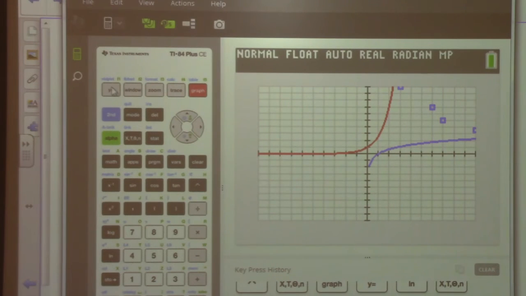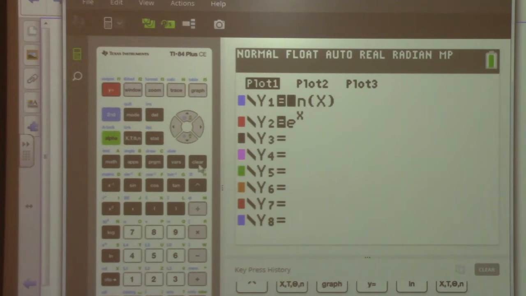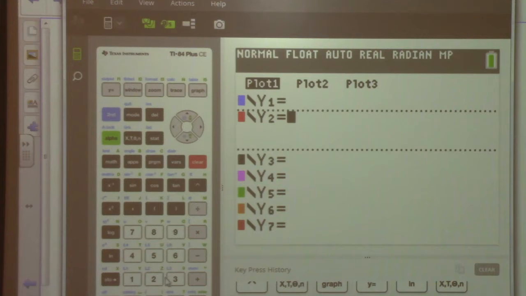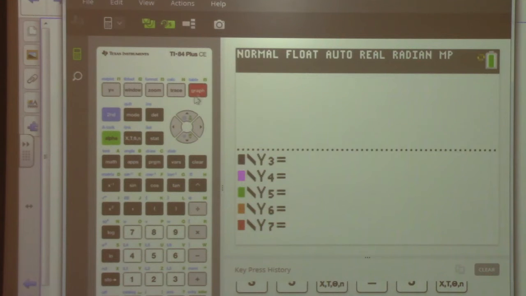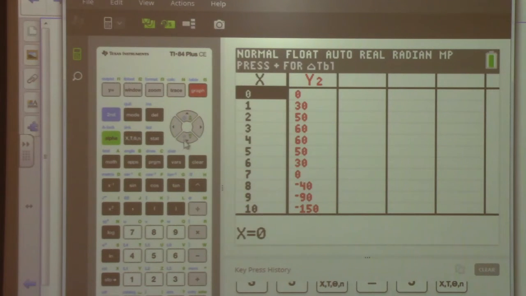So we're going to put 35t minus 5t squared. So we have this, and we go to our table view, and we see why we got tricked, right? This shows everything.